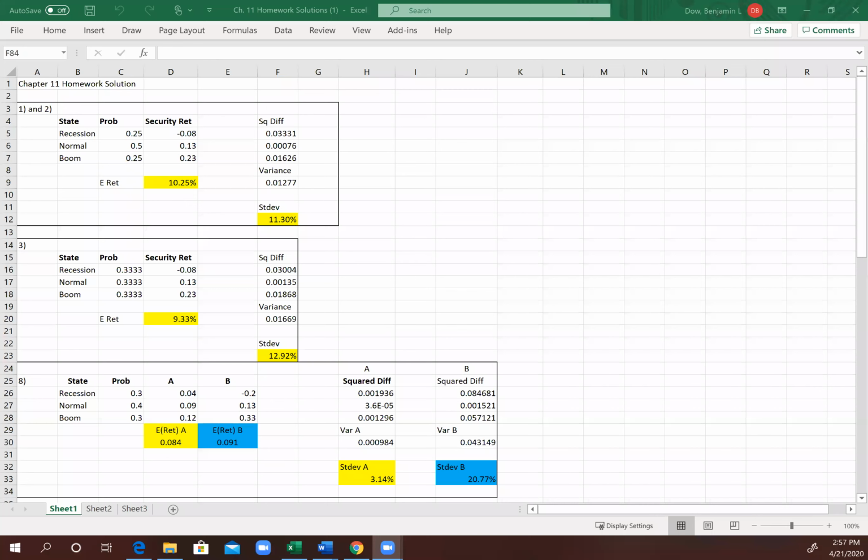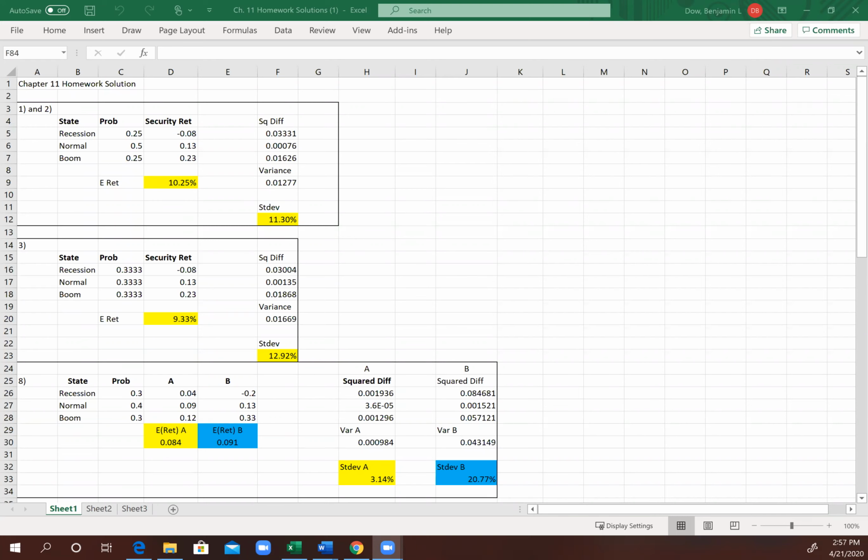We're looking at pages 395 and 396. If you open it up, 395, you start with problems 1 and 2.